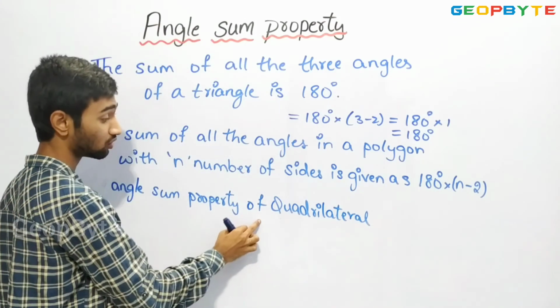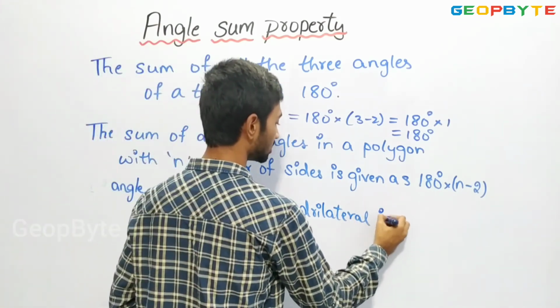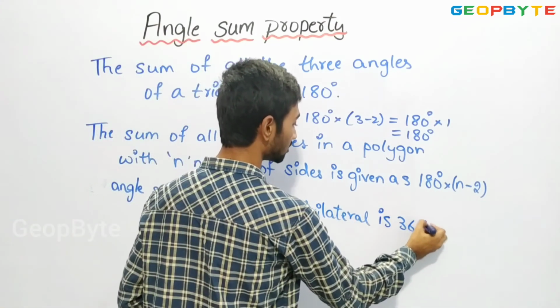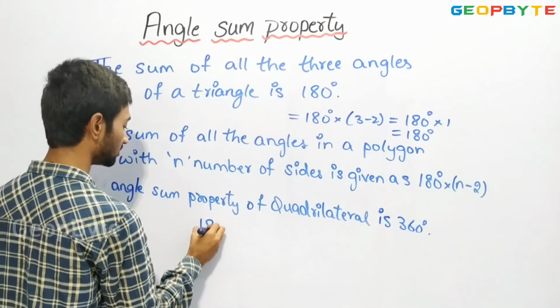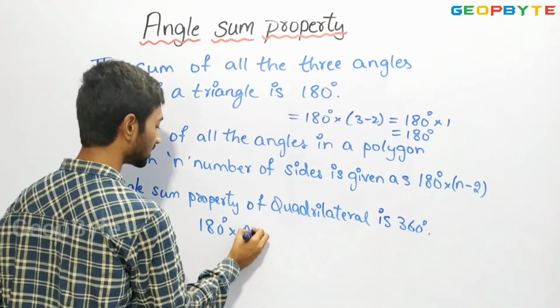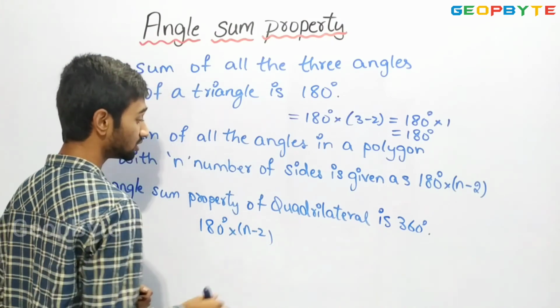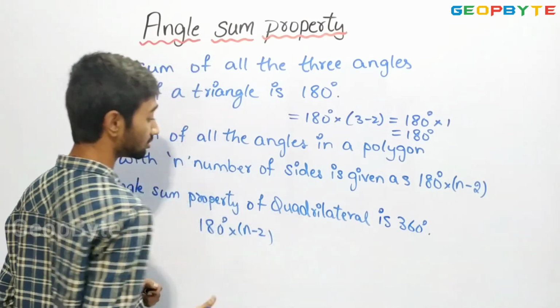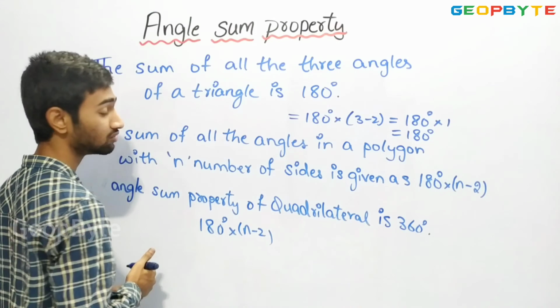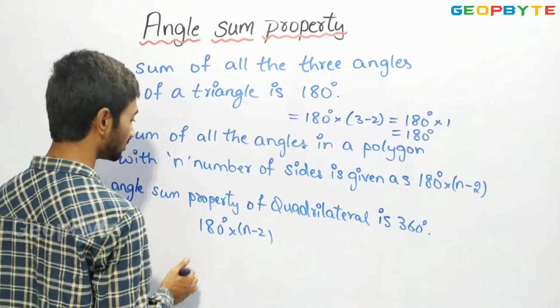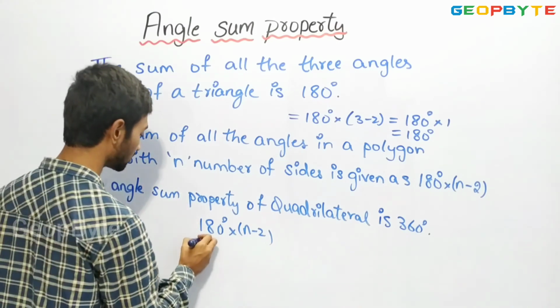Angle sum property of quadrilateral is 360 degrees because from the formula 180 degree into n minus 2, we know that quadrilateral is a closed figure which is having 4 line segments, that means 4 sides.